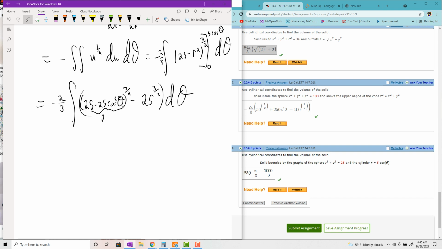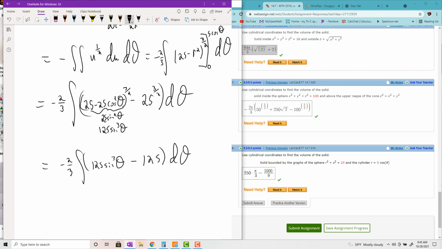So that's really just 25 sine squared theta. That raised to the 3/2 power is going to be 125 sine cubed theta. So I'm getting negative 2/3 integral of 125 sine cubed theta minus 25 to the 3/2, which is 125, d theta.